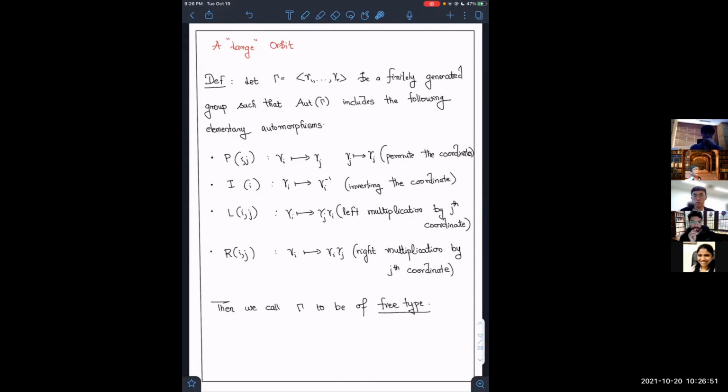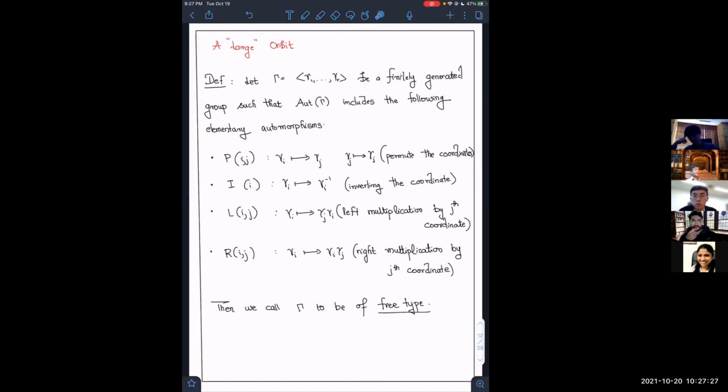We should be able to invert a coordinate, replacing it with its inverse, then left multiplication by a fixed coordinate and right multiplication by a fixed coordinate. A free group is of course a special case, as it has all of these automorphisms. For any gamma that allows these types of automorphisms, we call it a group of free type.